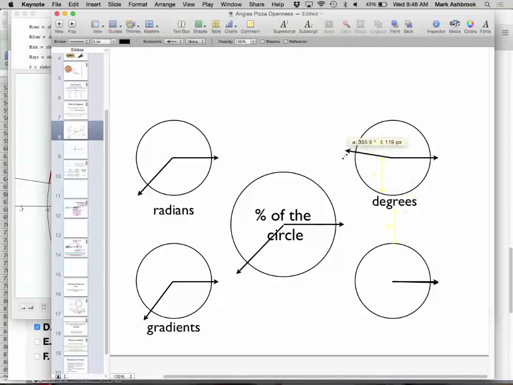A little bit less. So where do we go first? From degrees, we're going to go to percent of the circle. What percent of the circle is 170 degrees?